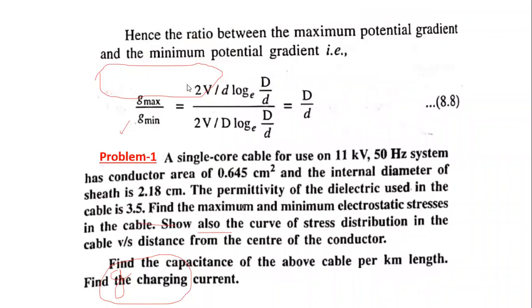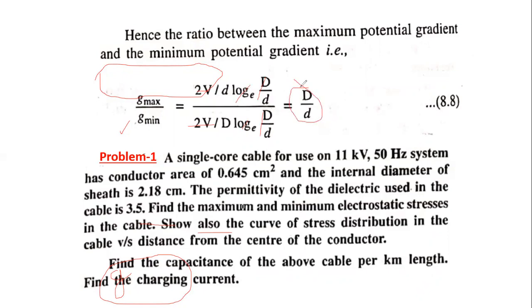Therefore, we take the ratio G max by G minimum, which is 2V by d log D by d and 2V by capital D log D by d. By cancelling, 2V gets cancelled, log D by d gets cancelled, and it becomes capital D by small d.